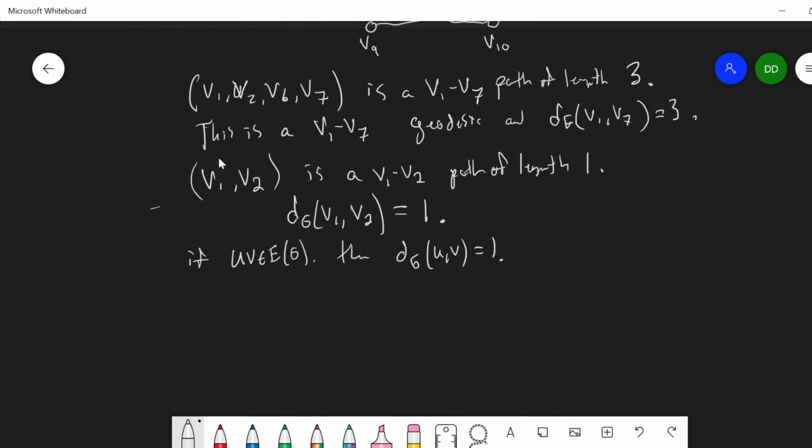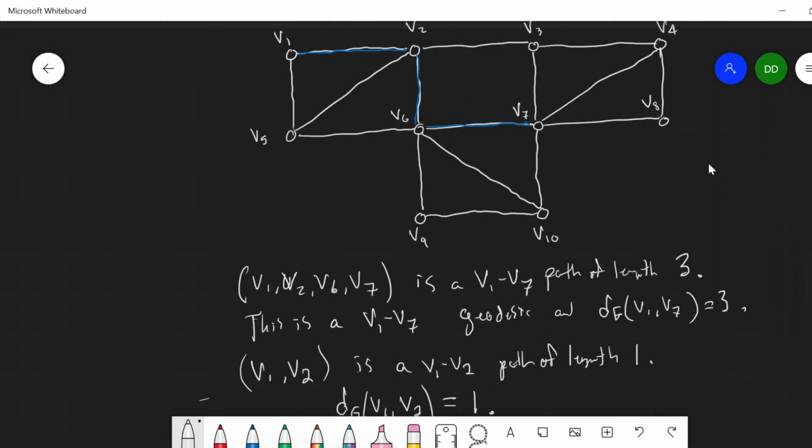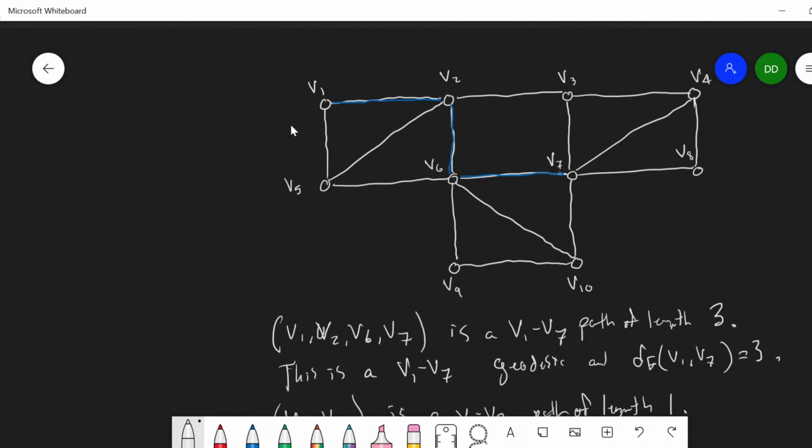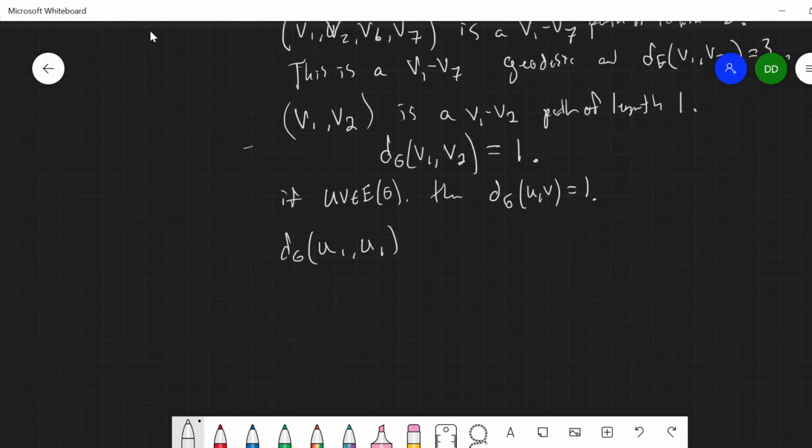One curiosity here is, what's the distance between a vertex and itself? Say, between V1 and V1? Well, there's only one path from V1 to itself, and that's the trivial path, the path that contains no edges.